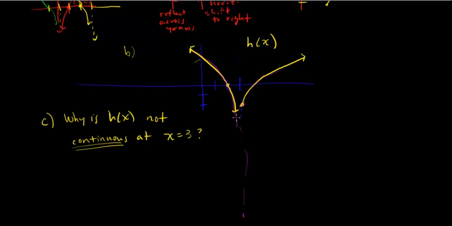So that's like a big infinite distance between those 2 points. So we can explain it as there is an infinite jump, because it goes from -infinity and it jumps up to y equal to -2.